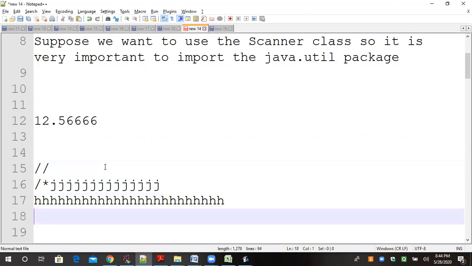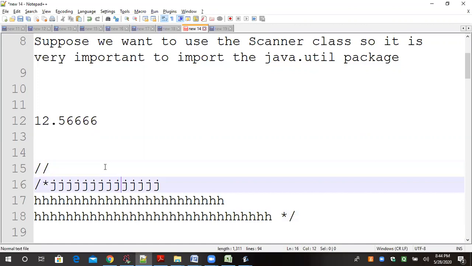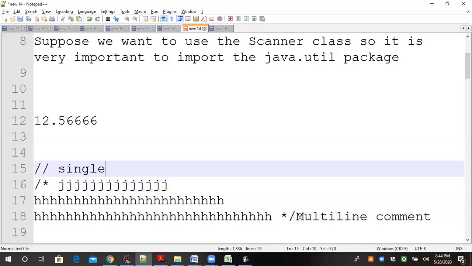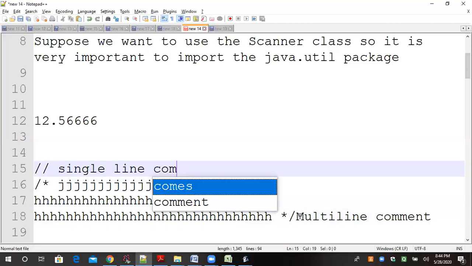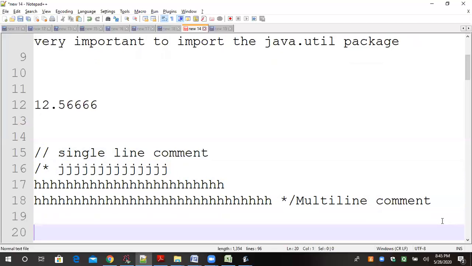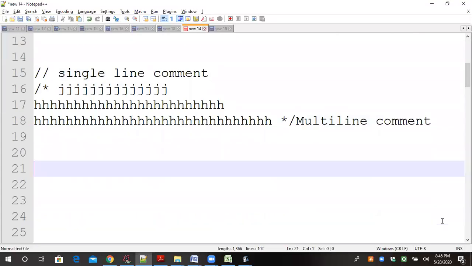Suppose these are all statements you want to make a comment, and then asterisk slash. Don't worry, after a few lectures there is a separate discussion of comments. So this is basically a multi-line comment, and this one is a single-line comment. Now, sir, what is the definition of a comment?